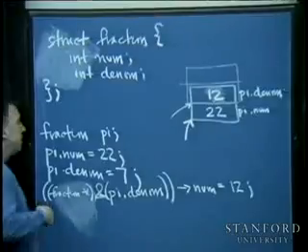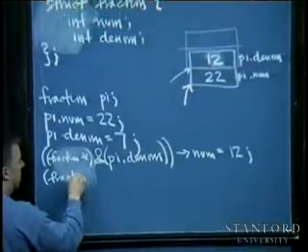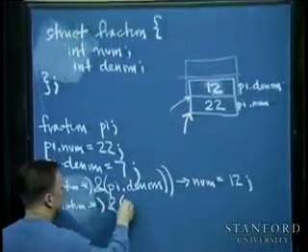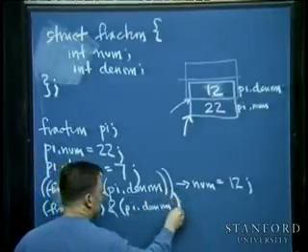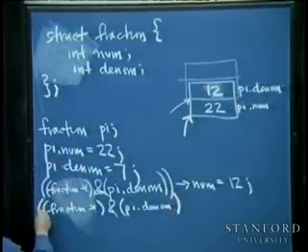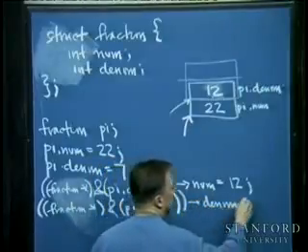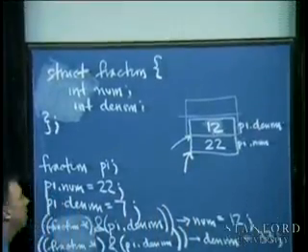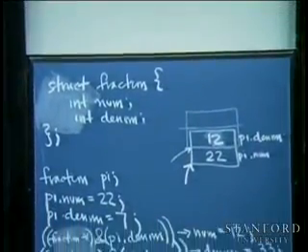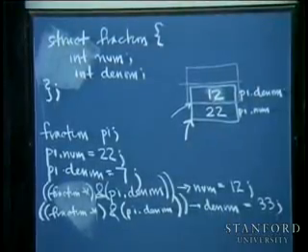Okay? If I do the same exact thing, fraction star ampersand of pi.denom arrow denom is equal to 33, it's not going to be concerned about the fact that I really don't own the space above what is truly pi.denom.